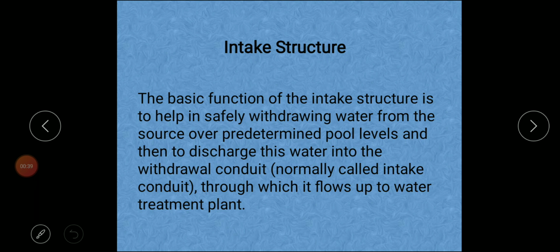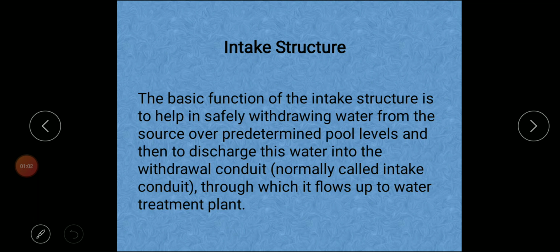The conduit is a channel for conveying the water. So, especially in a dam, river, reservoir or lake, the conduit is not an integral part. In those situations, we construct a structure that is called an intake structure.